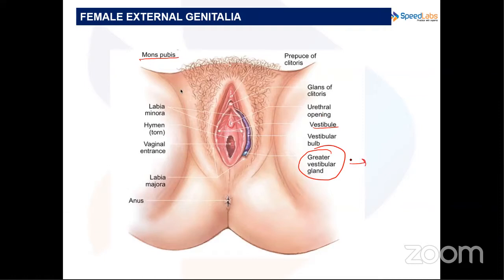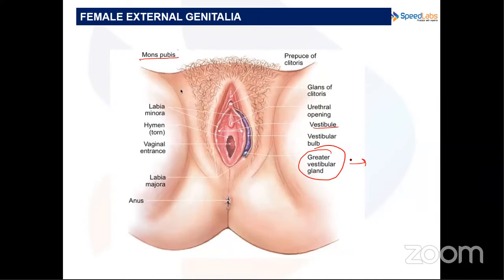And what is the other name of the greater vestibular gland? Can you tell me? I told you yesterday. Anybody knows the other name of the greater vestibular gland? It is the Bartholin's gland.